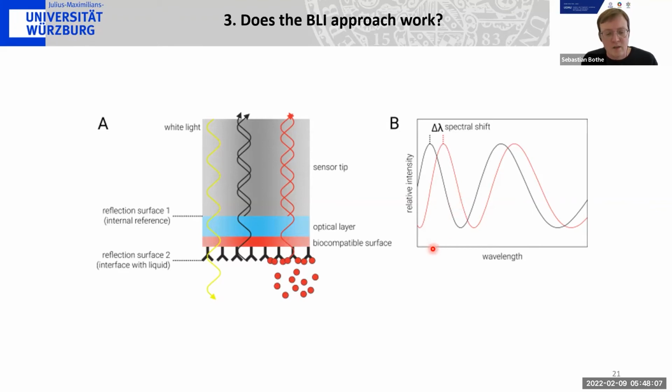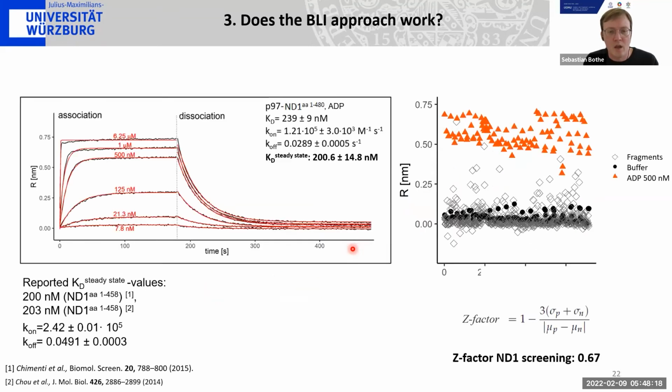BLI is not commonly used as a biophysical method for fragments, so the standard is more the SPR method. So the question was, is BLI a valid method to detect fragments on P97? For that, we used ADP as a positive control. We also have reported SPR data in the literature, and we measured it, and we could reproduce the reported SPR affinities really well, and the kinetic data from the BLI measurements is also in the same range.